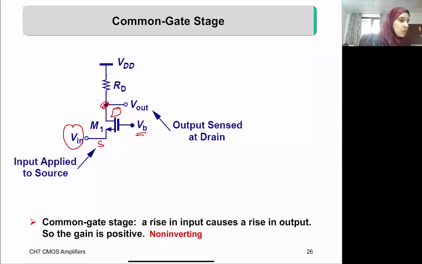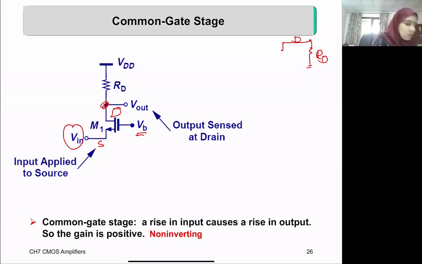Now I want to draw the small signal model for you so we can figure out how it came about. We have an RD here. Again, we replace VDD with ground in the small signal model. This is the drain.